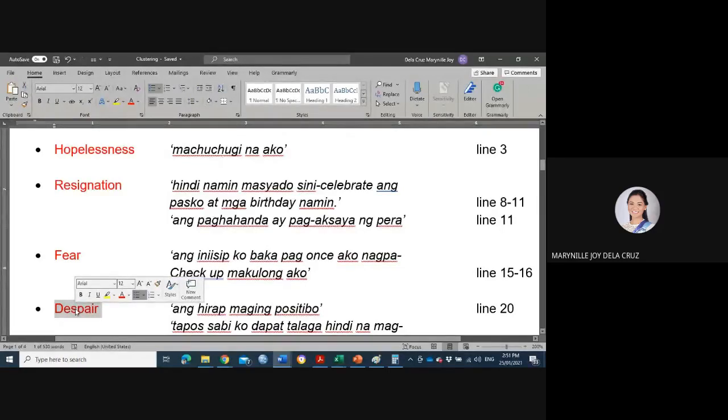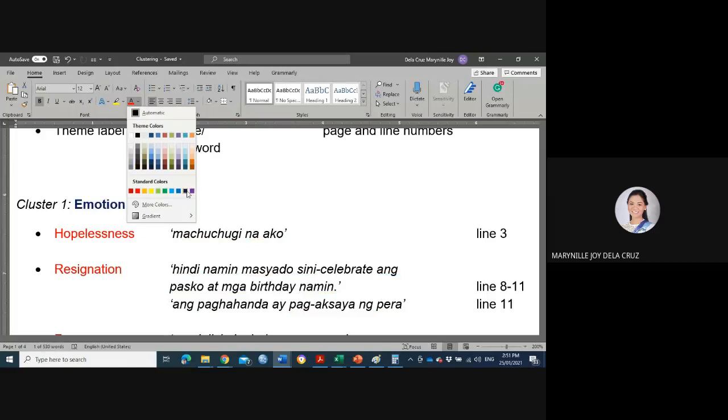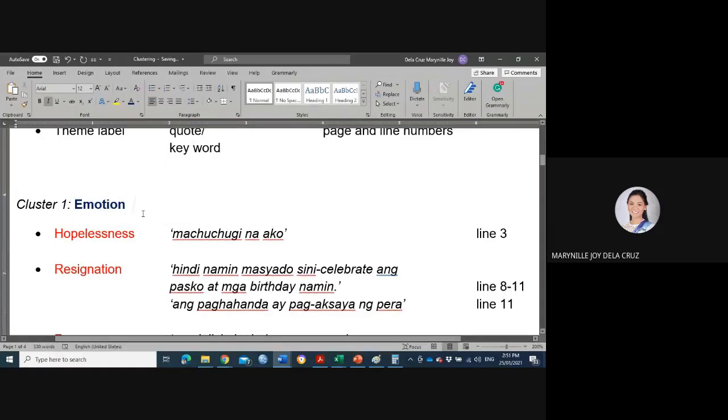It's all about emotion. Meaning, these 4 codes is all about emotion. And this is what you call, color blue, themes.